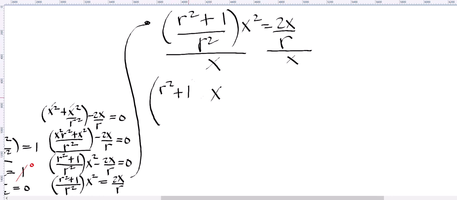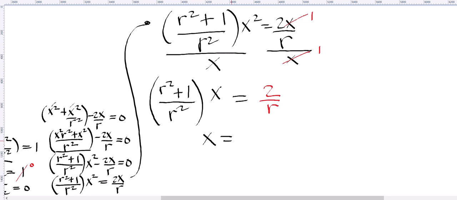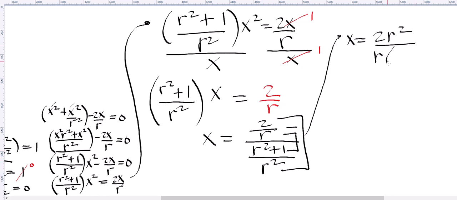So we now have the quantity r squared plus 1 all over r squared, close quantity, x equals 2 over r. And dividing both sides by r squared plus 1 all over r squared to solve for x, we now have x is equal to 2 over r squared plus 1 over r squared. So we have x is equal to 2r over r squared plus 1.